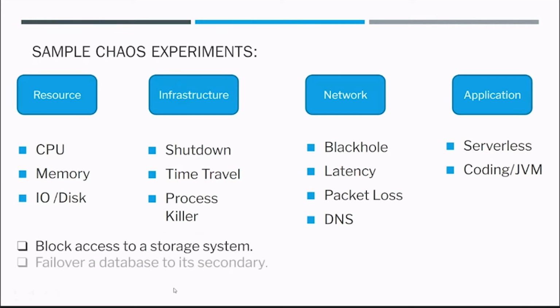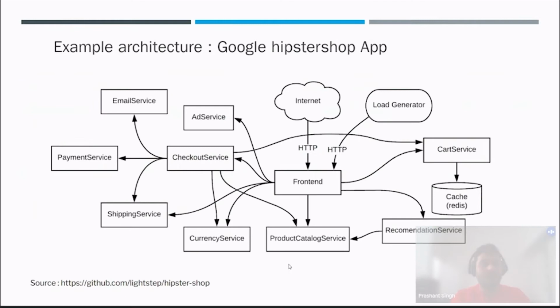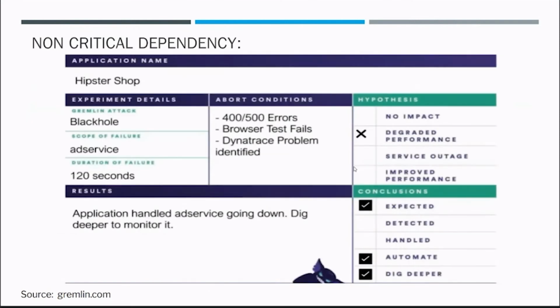There are a few more options which we can think of. This is an example architecture from the Google Hipster Shop app, a microservice architecture, and I have taken one snapshot. This is how the chaos engineering result card looks for that application.